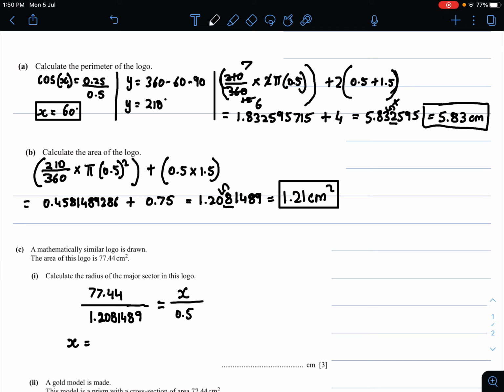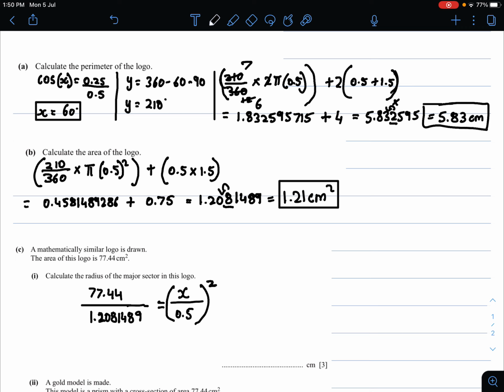So therefore x is equal to, since it's the area, you have to square the radius. Even if it was height or any other measurement that you were using to find, you would still square it, because you have to get it to the same unit as your area.